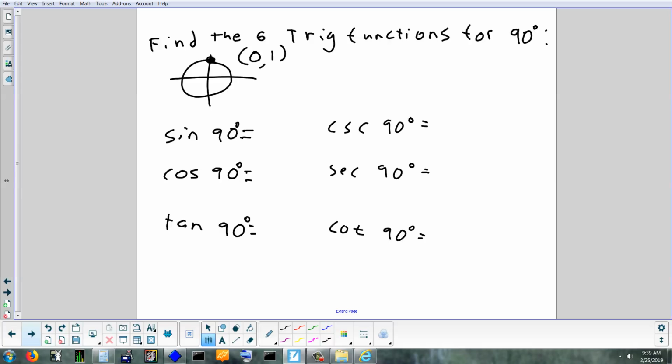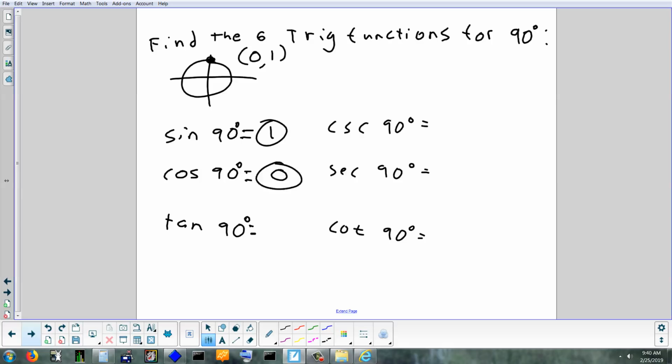Now this problem is just like the last 2, except it's going to be even easier because there are no square roots in the coordinate. Okay, so let's go through our values. Jasmine, what's my sine? Yep, sine is 1. Ben, my cosine? 0.